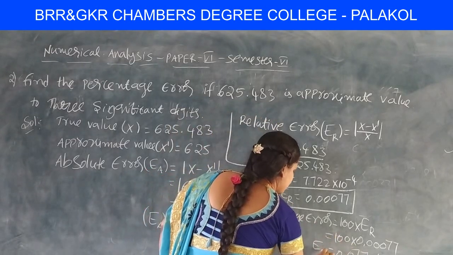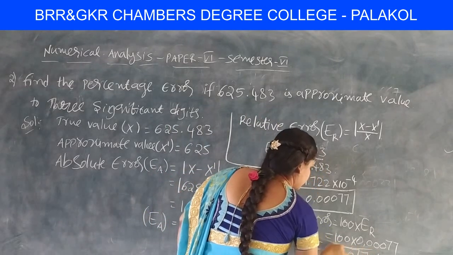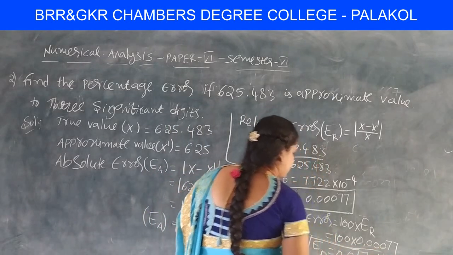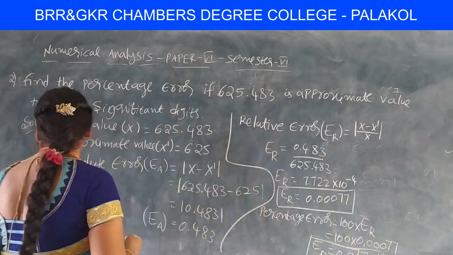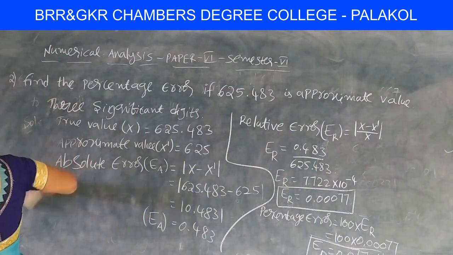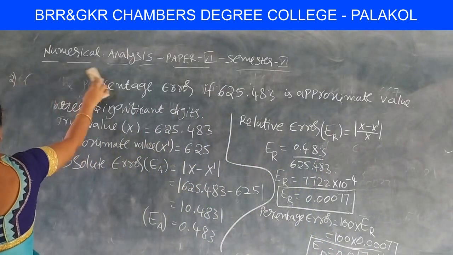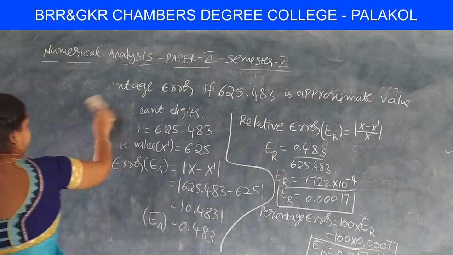EP is the percent error. This completes the second problem. And the next problem, the third example.